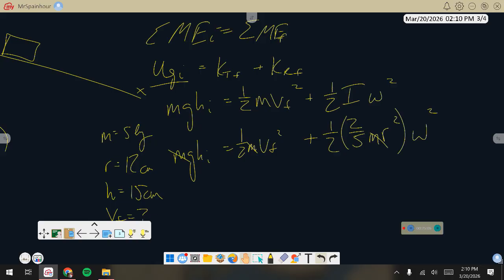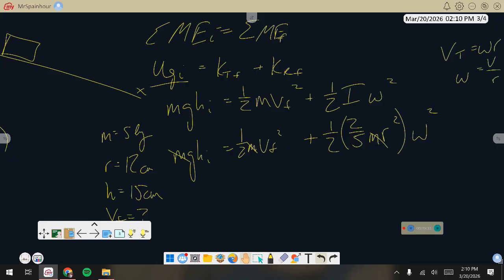Our last issue right here is this. I'm trying to get this. Oh, how do I deal with that? If only there was an equation that translated between linear and rotational. You've seen this before. What is our equation between linear variables and rotational ones? Tangential velocity equals omega times r. So omega equals velocity over r, yes?